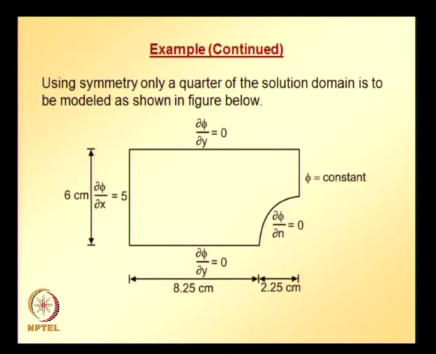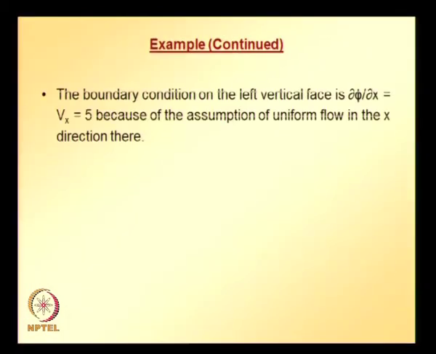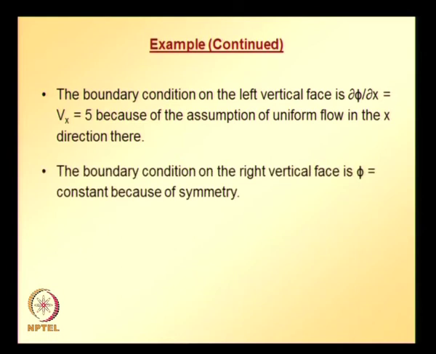Then we can get the finite element equations, and as usual the procedure is the same: assembly, applying the essential boundary conditions, and solving for the nodal values. Here the nodal values turn out to be the potential values, and again in this problem at each node you have only 1 degree of freedom, which is going to be the potential phi value. So these are the boundary conditions that we already looked at.